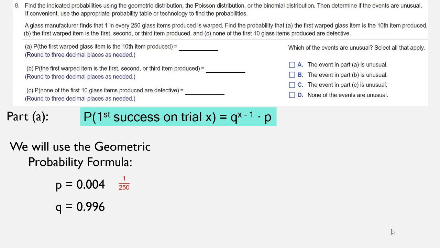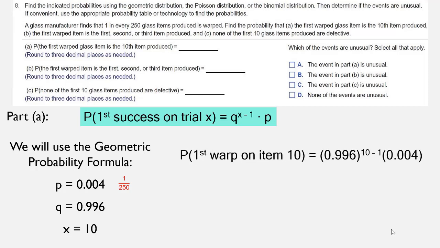And in this case, for part A, we're looking for the probability that the first warped glass item is the 10th item produced, so that means our x is 10. So we're going to use our formula and these values. We get the probability of the first warp on item 10 is given by 0.996, that's the q, to the x minus 1, that's 10 minus 1, times p, which is 0.004.